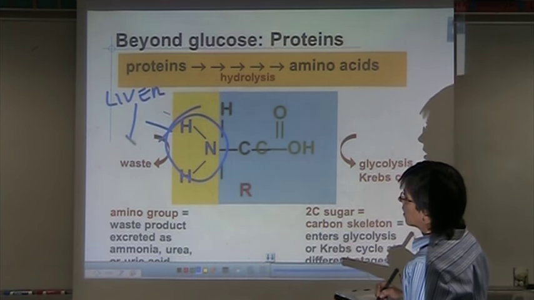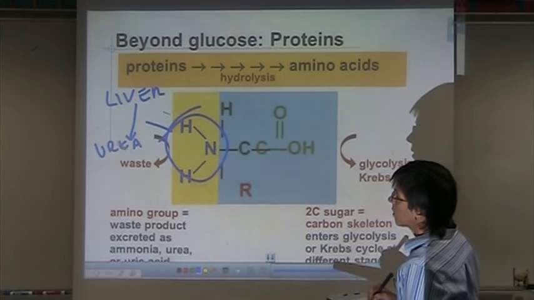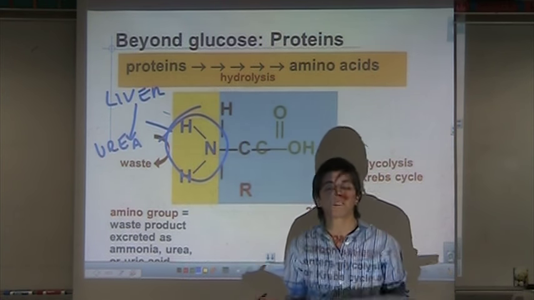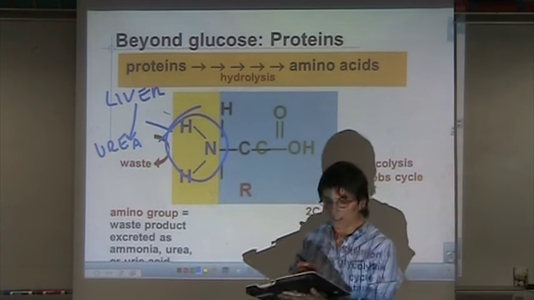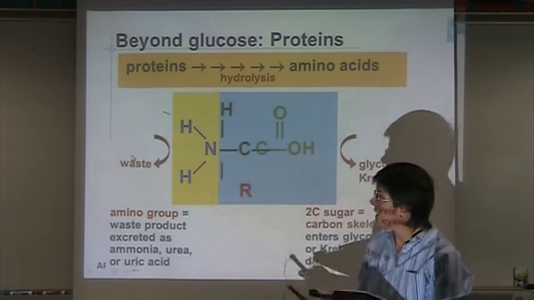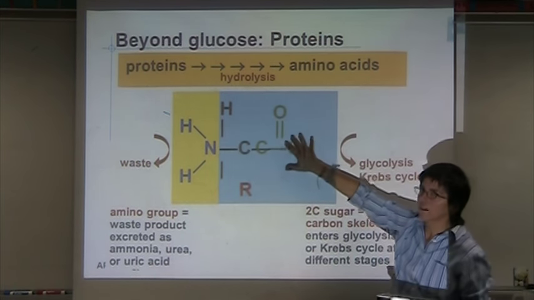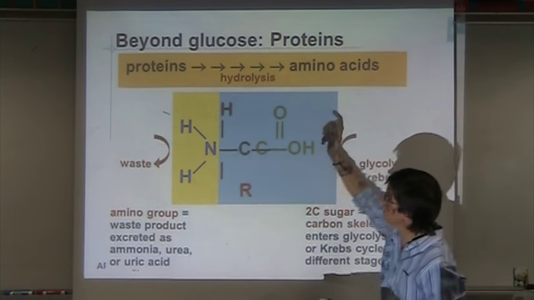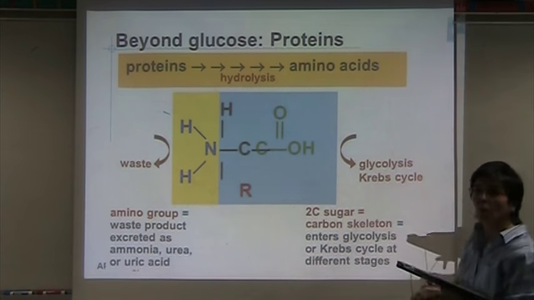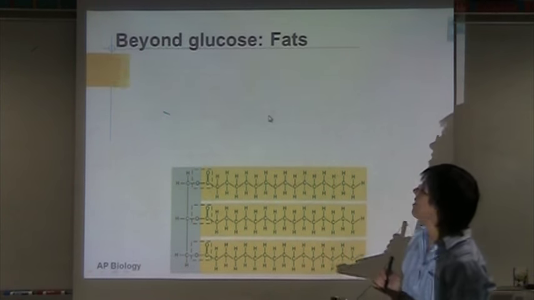Your liver is going to transform this molecule into a compound called urea that is not toxic, so you can pee it safely. In your urine, this is what you are releasing for the most part, and that comes from this. But that's another story. The focus here, sorry I got sidetracked, I just love the liver, is that depending on the number of carbons that your amino acid has is where it's going to enter the different parts of cellular respiration.